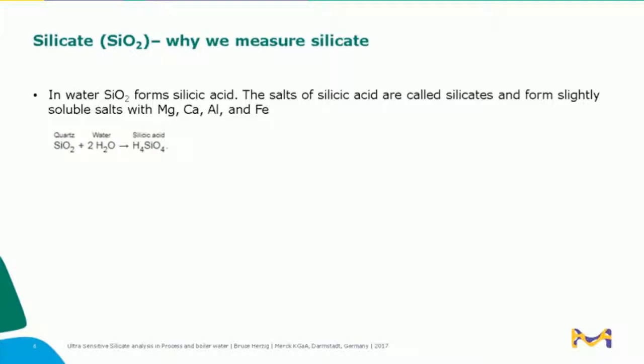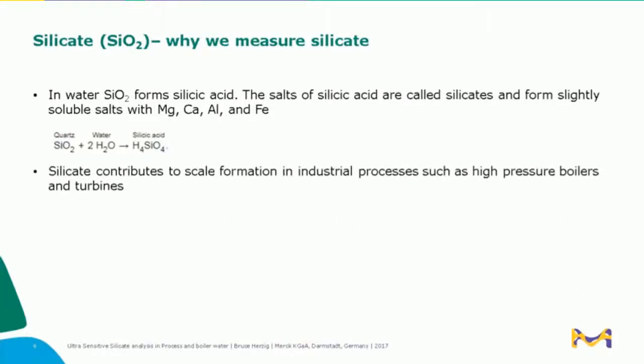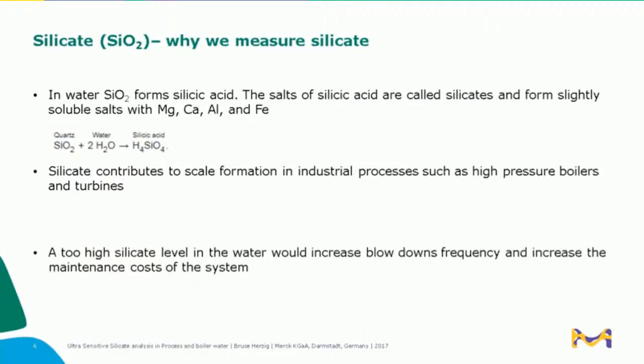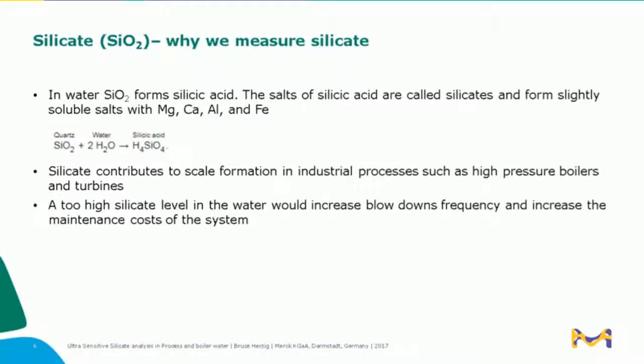Silicate in water forms silicic acid, which then reacts with other elements such as magnesium, calcium, aluminum, and iron, and these form scales. These are slightly soluble. Scales contribute to formation of scale in industrial processes, as I mentioned before, and this is particularly a critical issue in high-pressure boilers and turbines.